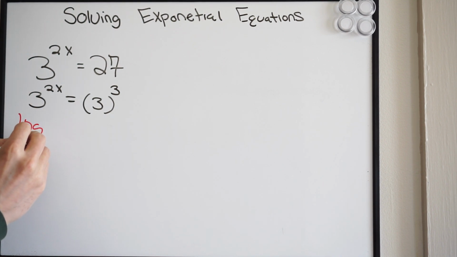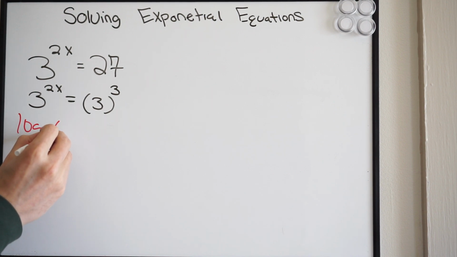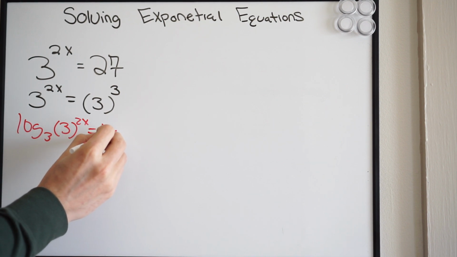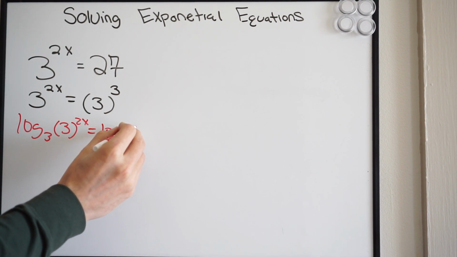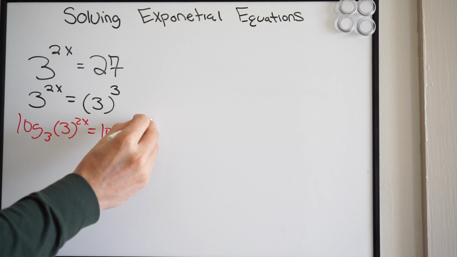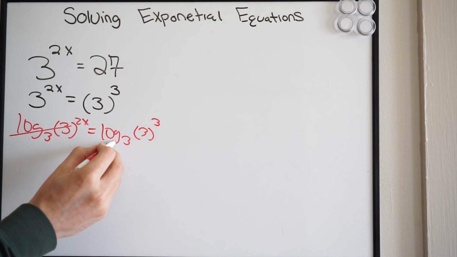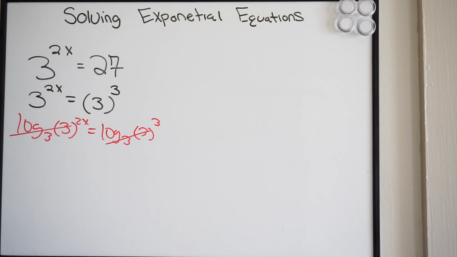So if we did that, log base 3 of 3 to the 2x equals log base 3 of 3 to the third. These will naturally cancel out due to the inverse properties of logs. So just remember, same base, you can just cancel them out. But this is why it's happening mathematically.